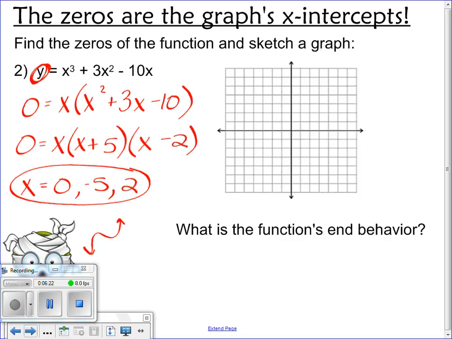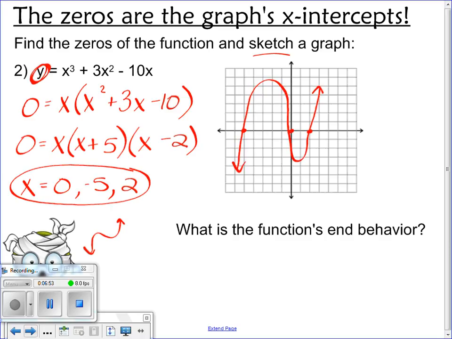Do we know where it crosses the x-axis? Yes. Right here. 0, negative 5, and 2. I know that's where it's going to cross. I know it should look like squiggly up. What's the only part I don't know? Good. I don't know how high and low those bumps go. But it says sketch, which just means a rough idea. So rough idea looks something like that.